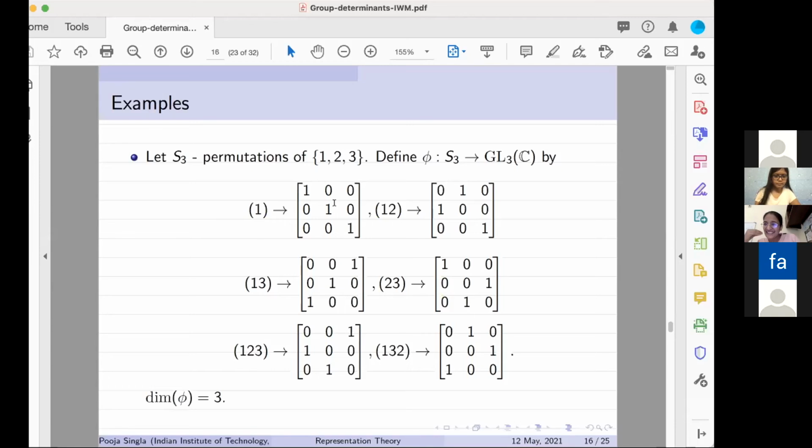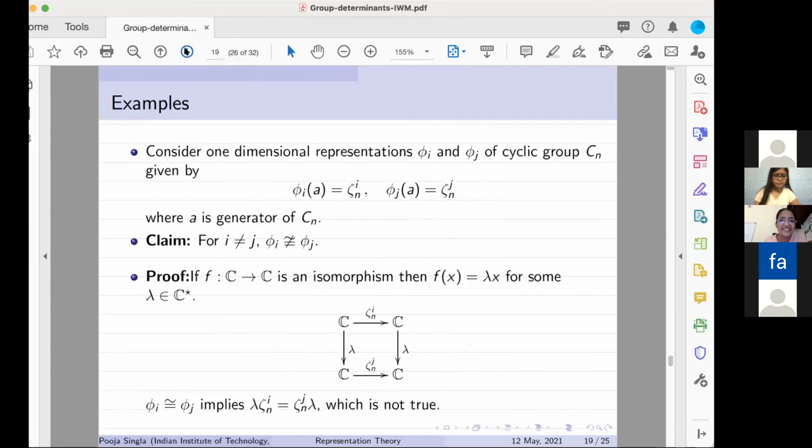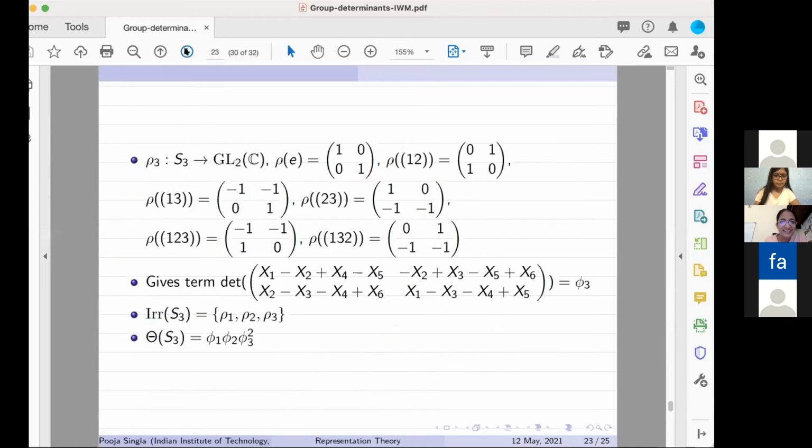What I have written here is really finding that sub-representation. I found that sub-representation and wrote those matrices. But yes, it is not always easy to find. Since it's S3, I could do it.